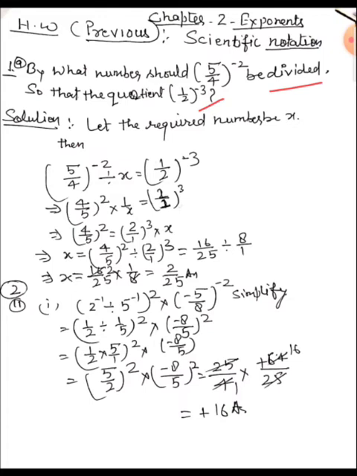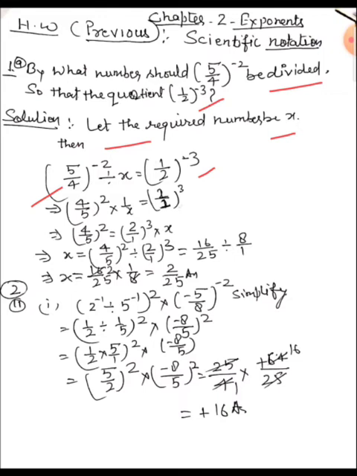We know that you don't know the required number, so let the required number be x. Then, according to the question, (5/4) raised to power minus 2 divided by x is equal to (1/2) raised to the power minus 3.